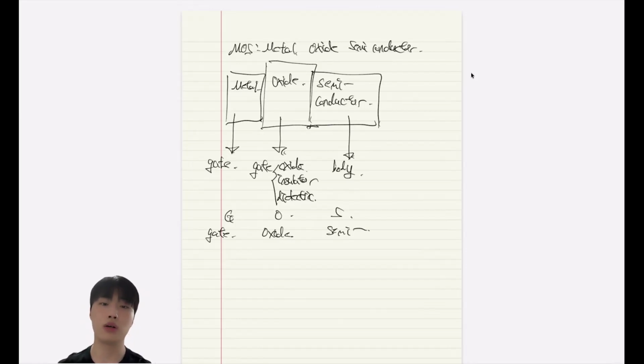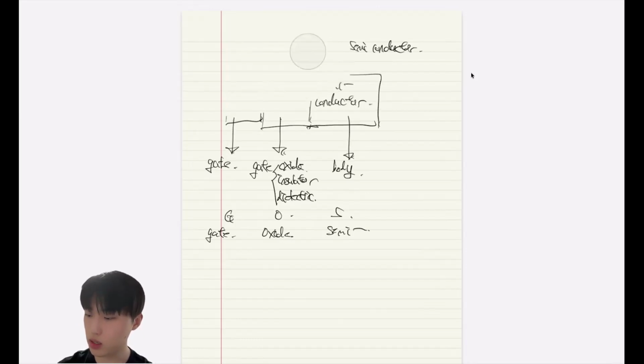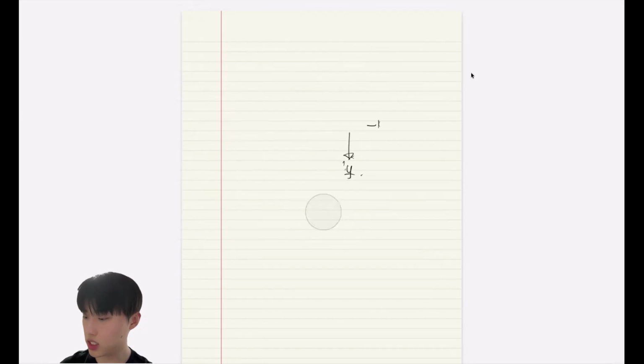And I'm going to tell you how to draw the MOS energy band diagram. So let's start with metals, the metal's energy band diagram. For metal we suppose two things. First, there are free electrons, and the second thing we suppose is equal potential.